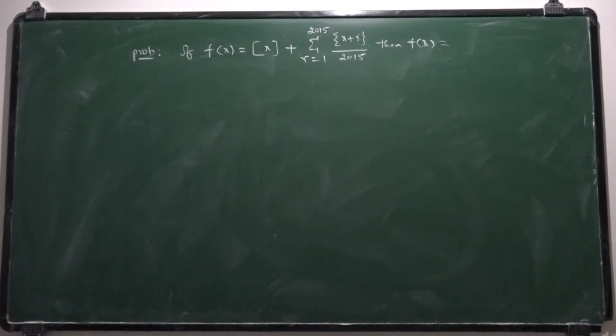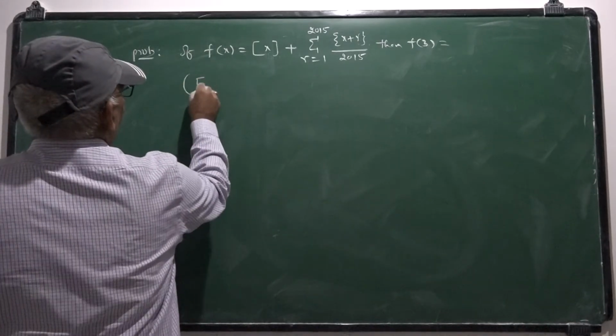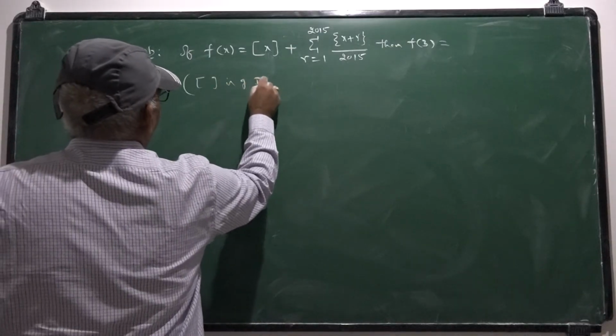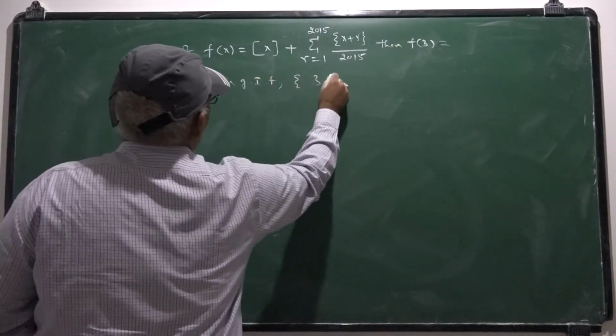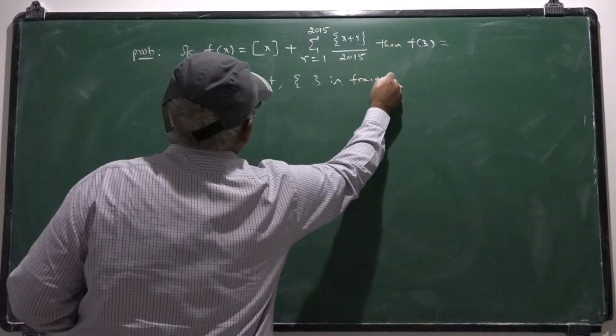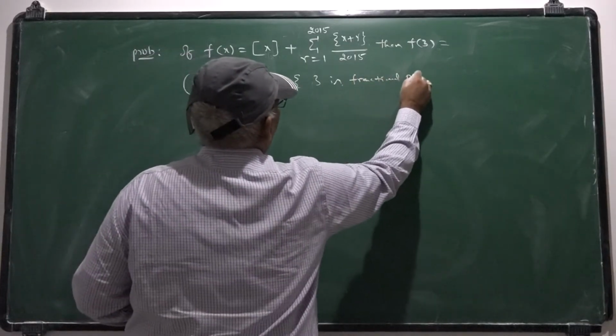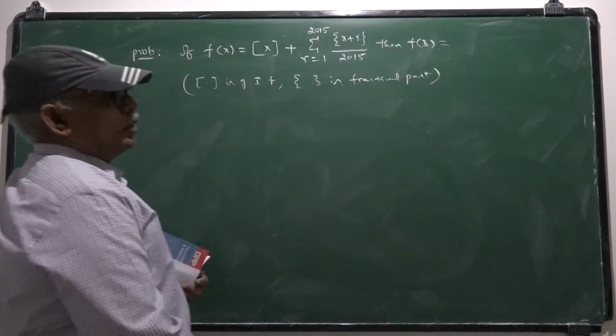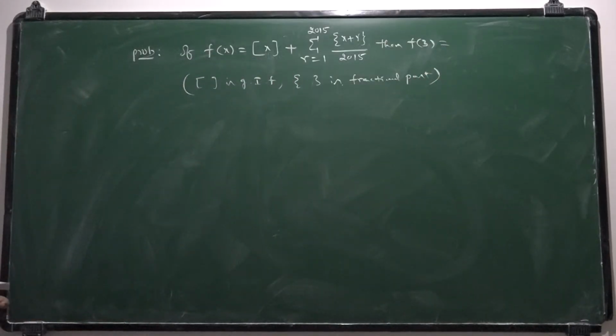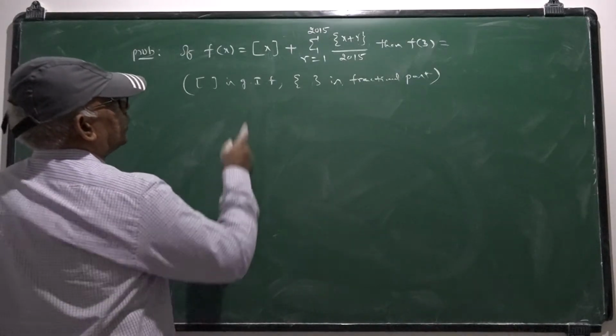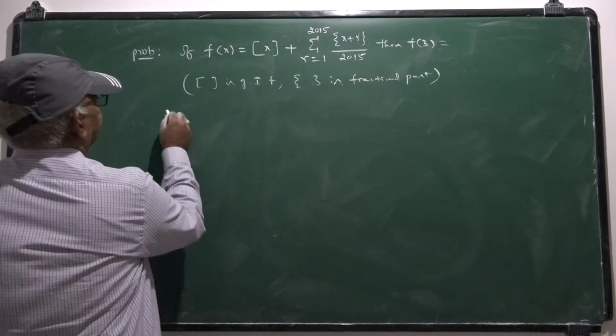Of course, the square bracket is the greatest integer function and the curly bracket is the fractional part. Once the curly bracket stands for fractional part of that value and square bracket stands for greatest integer part of that function, then the value of f(x) and f of 3.